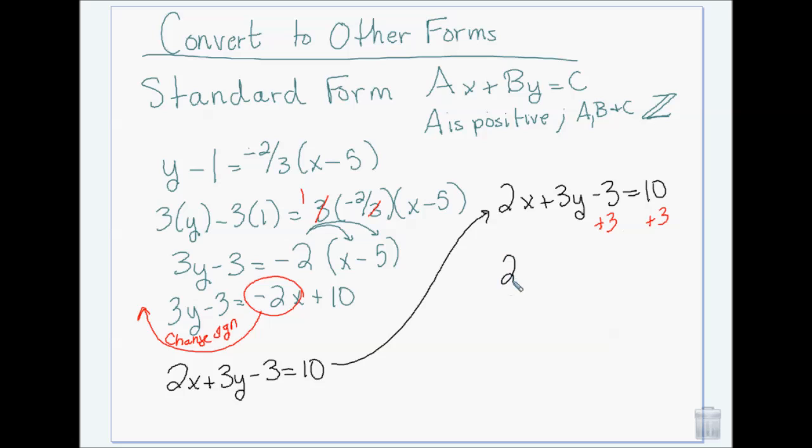I'm going to get 2x plus 3y equals 13. No fractions, no decimals, and A is positive. If this ended up being a -2, all I would do at that point is change every sign. Does that make sense? Because this has to be positive to be standard.